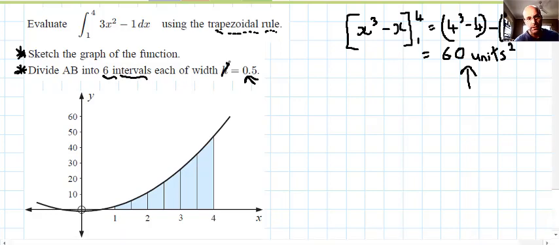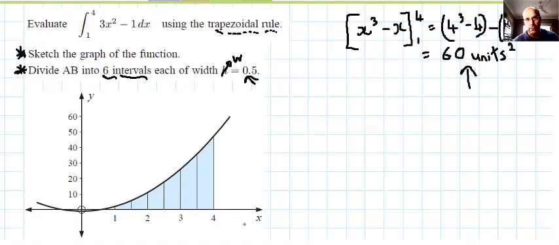Okay, so we can call that w. Well, using a little bit of direct logic, the entire width is between 1 and 4. So that's 3. To get that 3, of course, you go 4 minus 1. So that was called B, that was called A.